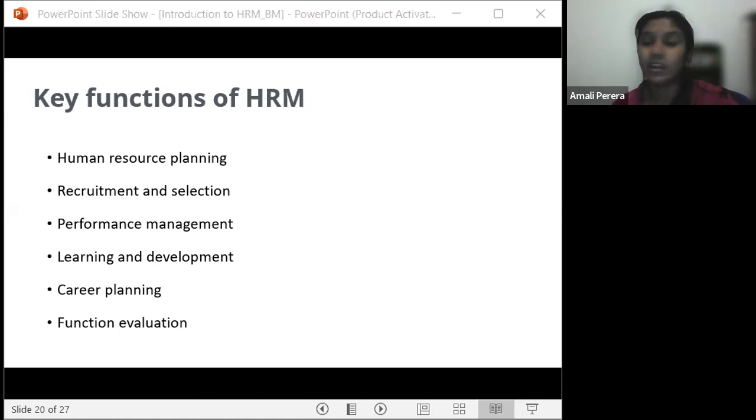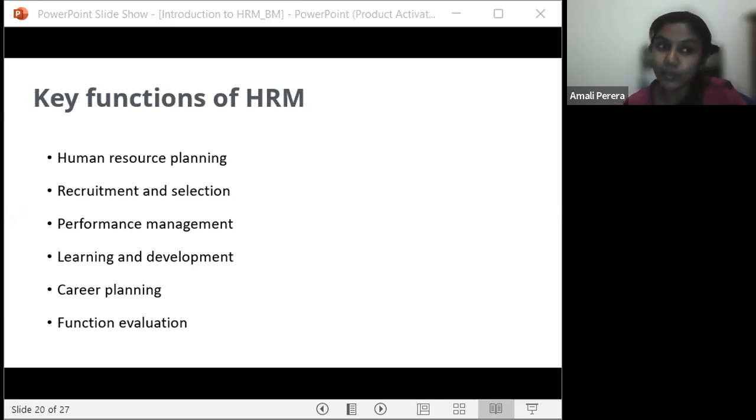Otherwise, everybody will recruit the way they want. There has to be a plan and a budget, and only within that budget will HR do the recruitment. That whole process we can define as human resource planning.